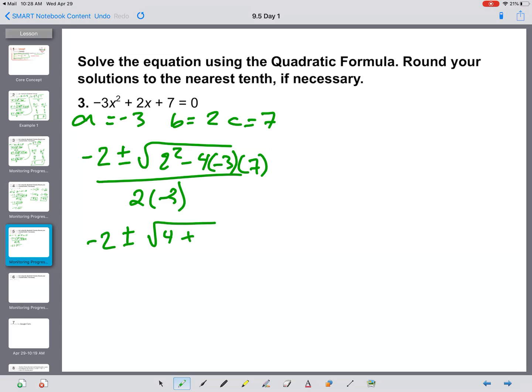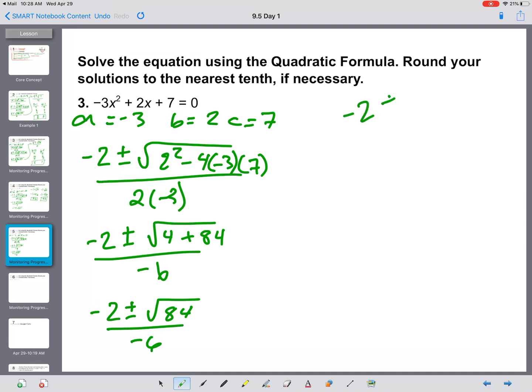It says plus, because the two negatives, plus 84, all over negative 6. So I get negative 2 plus or minus square root of 84 over negative 6. Square root of 84 is 9.2. I don't know why I put the square root there.